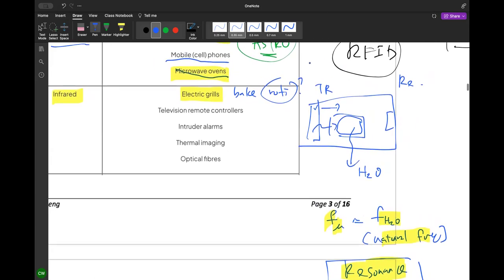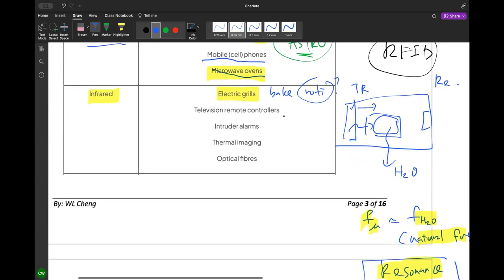How to make roti? Roti canai, you know? Baking the cake. Okay. Electric grill. Red color, so very hot. So when you see infrared, you should know it's something hot. Okay, infrared.